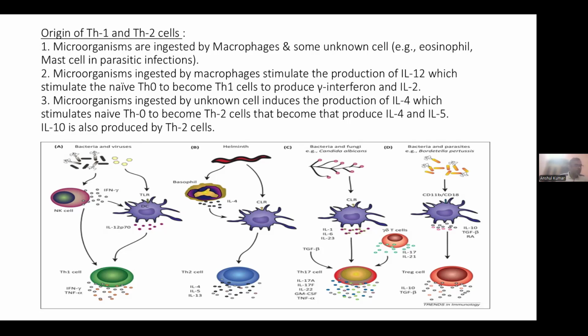So basically, antigen presenting cells constituted by macrophages stimulate Th0 to become T helper 1, whereas some unknown antigen presenting cells, for example eosinophils or mast cells in parasitic infections, help naive T cells become T helper 2 cells, which produce interleukin 4, interleukin 5 and also interleukin 10.